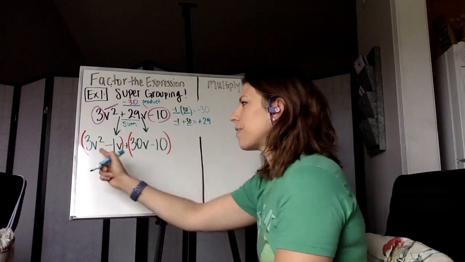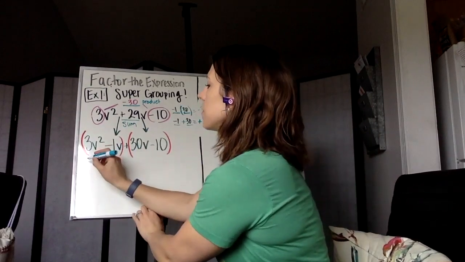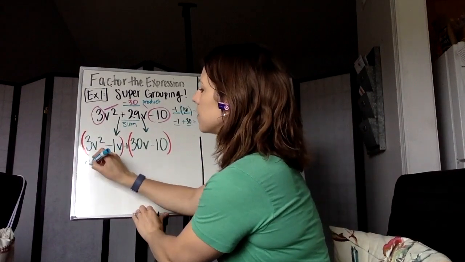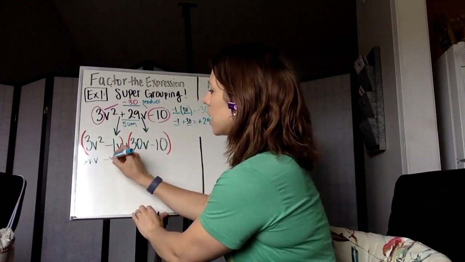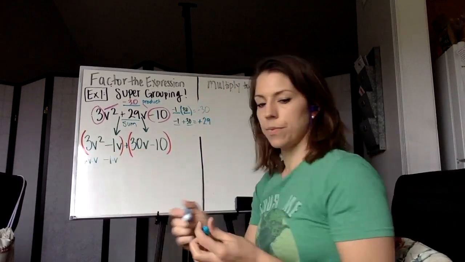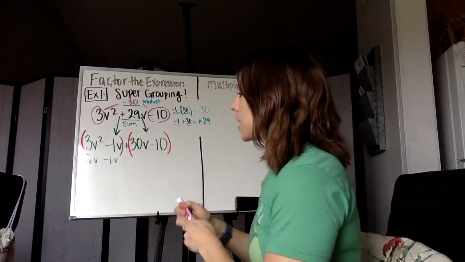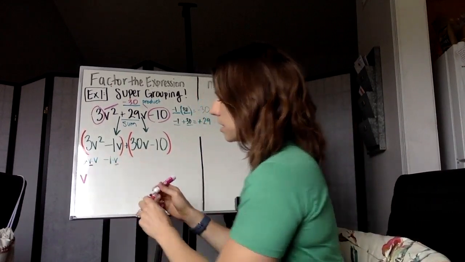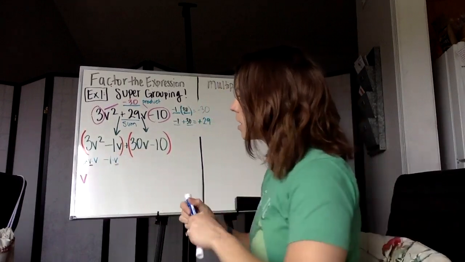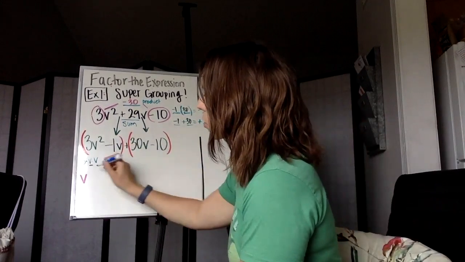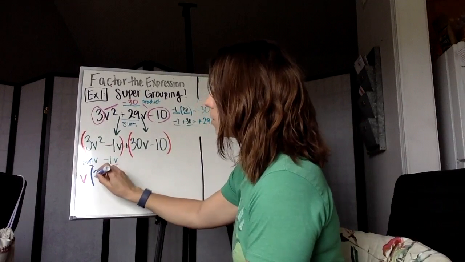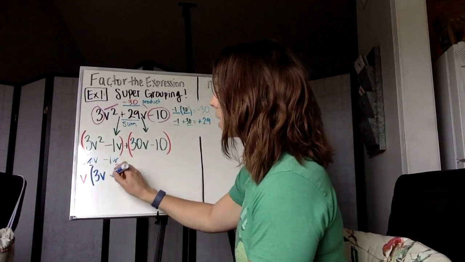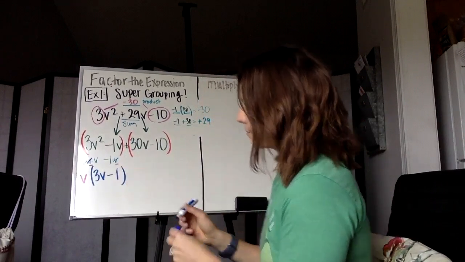I think the only thing that they have in common is a b. So 3b squared is 3 times b times b. Negative 1b is negative 1 times b. All they have in common is a b. So I pull out the b. I'm left with 3b in the first term and minus 1 in the second.